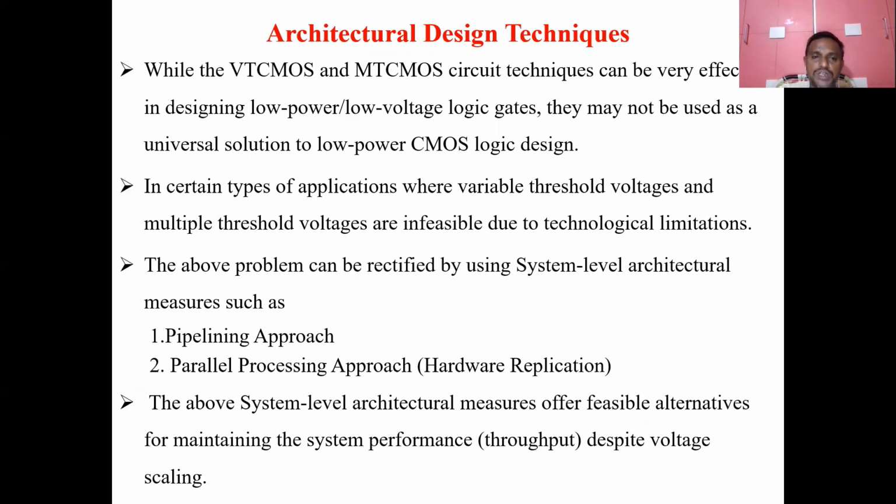That fabrication and the area consumption will be more. Okay, that is the limitation. So these two methods are not always feasible to design low power CMOS logic. Okay, that's why we'll go with the pipeline approach and parallel processing approach. Okay, so this is about MT CMOS and its advantages and disadvantages as compared with the VT CMOS.